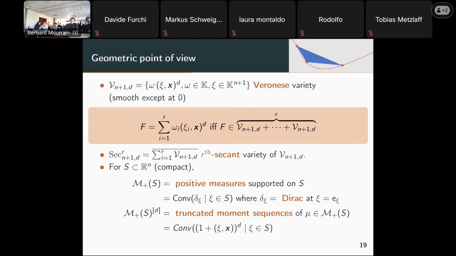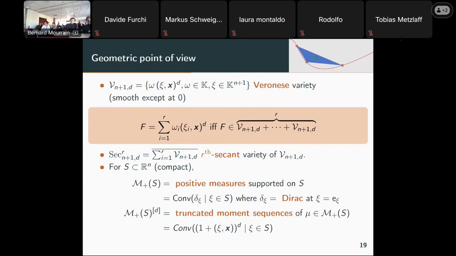I mean, for vectors in the space. So you have a vector space of measures. You can take the sum of measures.